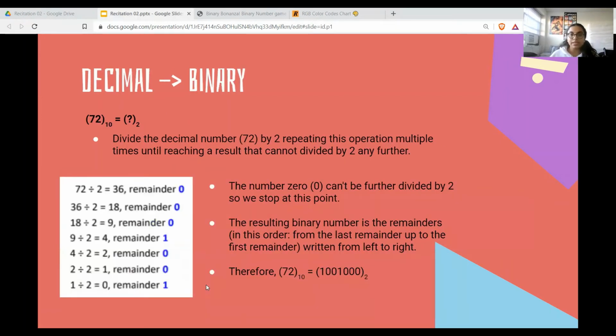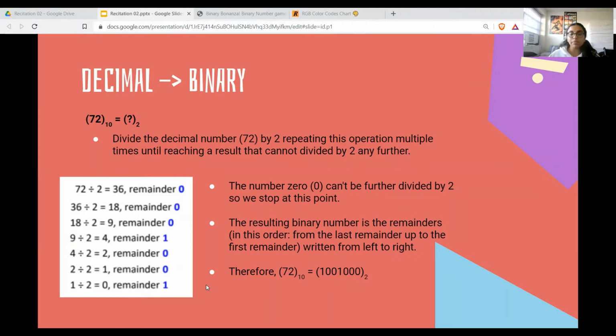Now for converting decimal to binary, the decimal number is divided by 2 until we get a result which cannot be further divided by 2. For example here, 72 divided by 2 gives 36 with a remainder 0. Then 36 is divided by 2, which gives a remainder 0. The division continues until we reach the number 0, because it cannot be divided by 2, so we have to stop there.